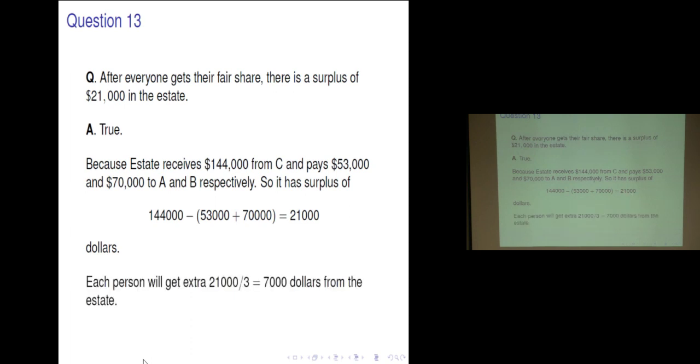It is correct. There's a surplus in the estate, and then we are going to divide it. Sorry, the uploaded solution had an error. The three people will share the surplus, so each person will get 7,000 extra.